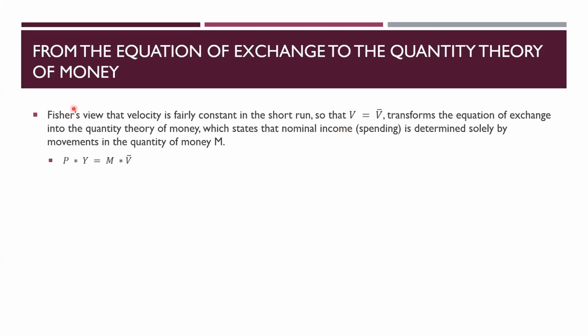This view by Fisher transforms the equation of exchange into the quantity theory of money. So the main transformation here from the equation of exchange to the quantity theory of money comes because of the assumption that the velocity of circulation is constant in the short run.